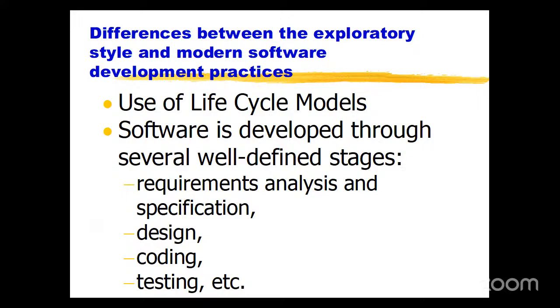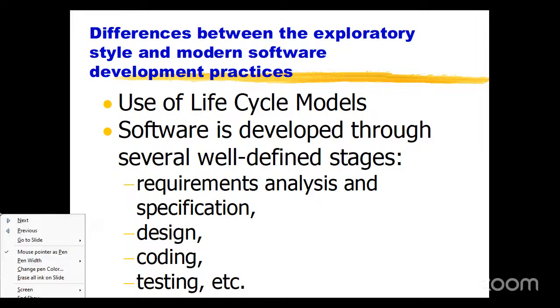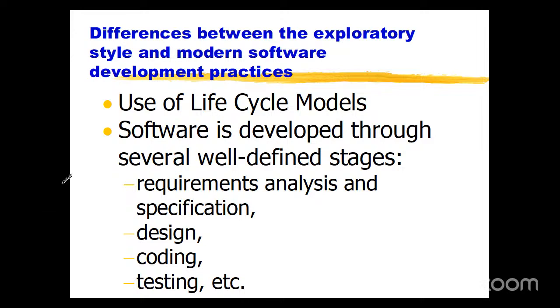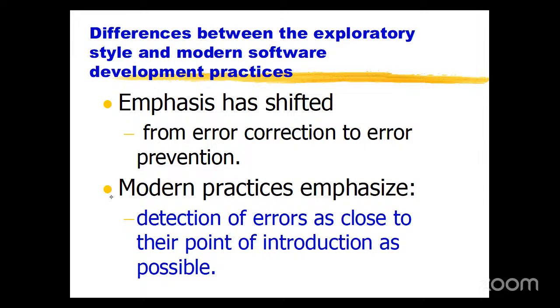Software is developed through several well-defined stages: requirement analysis and specification, design, coding, and testing. That was the older version of software engineering, and the same process we are using for the future as well.